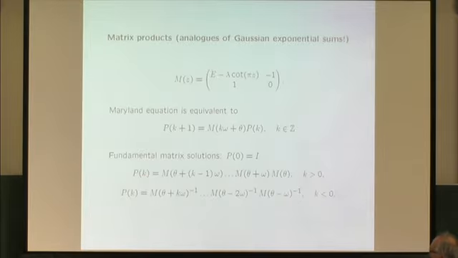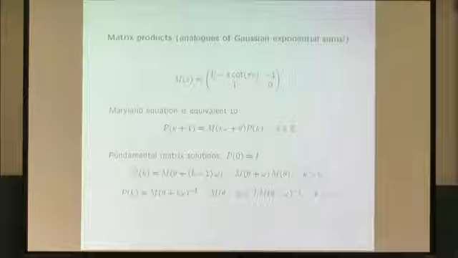The fundamental solution actually can be computed more or less explicitly in terms of the matrix M. If, for example, k is positive, then p of k equals M of theta times M of theta plus omega, and so on, times M of theta plus (k minus 1) multiplied by omega. Similarly, you can compute p of k for negative k.